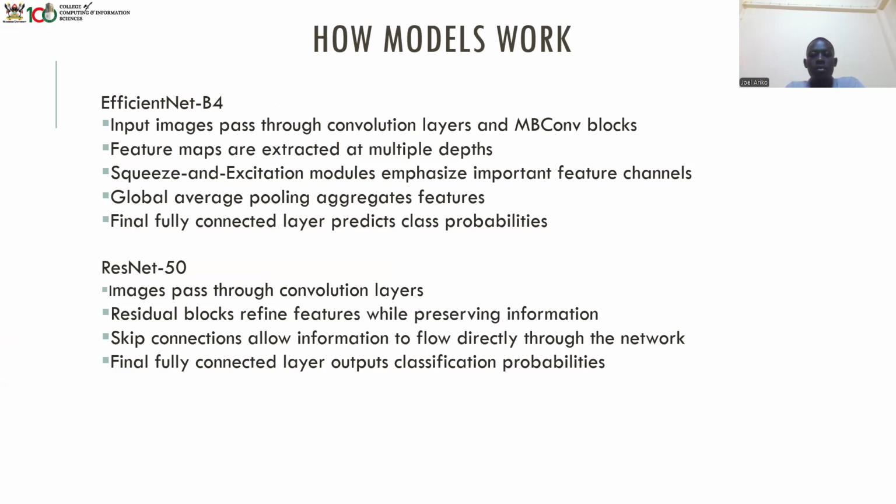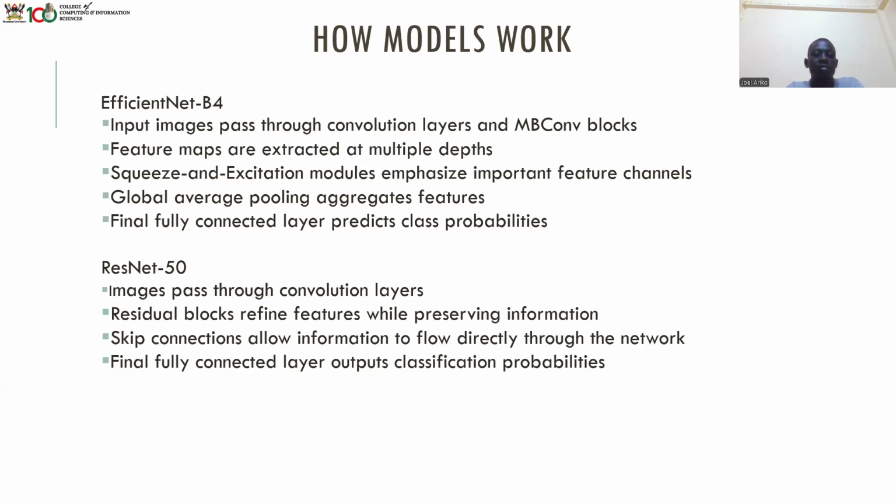Then how do these models work? For the EfficientNet B4, as I said earlier, for all these models to work, we have to have input, the processing occurs, then finally we have our 4 classes that are predicted.